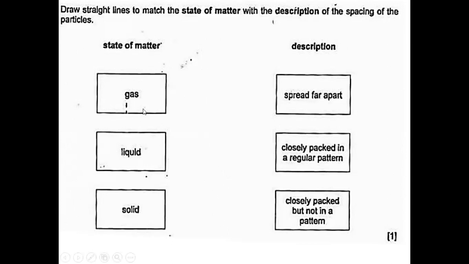Do you think gas particles are spread far apart, closely packed in a regular pattern, or closely packed but not in a pattern? Of course, they spread far apart as they have very high energy to go everywhere in the space.